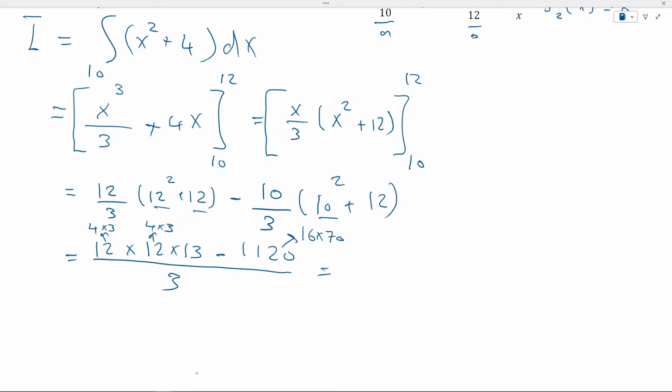Then you can take this and this as a common factor. So that would be 16 times, this is 3 times 3, 9 times 13, minus 70 over 3.